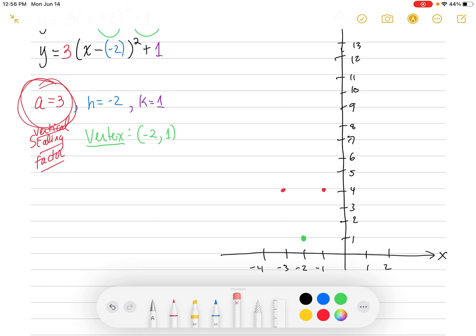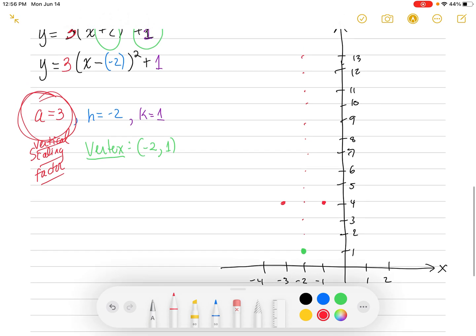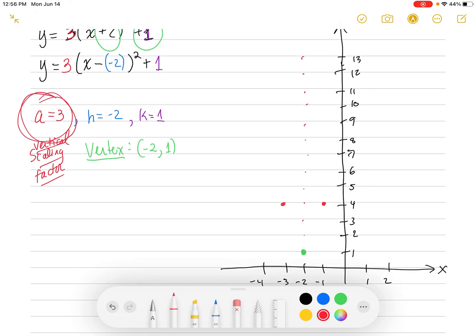And then normally when you're dealing with the standard y equals x squared, to find your next point on the graph, you would go up 4 over 1. But we're going to multiply by a scaling factor of 3, so we're going to go up 12 over 1, right 2. From the green point, we go 1, 2, 3, 4, 5, 6, 7, 8, 9, 10, 11, 12, and then right 2.